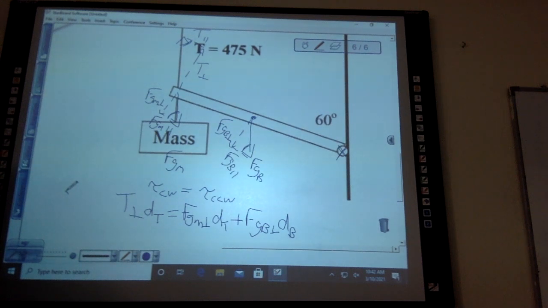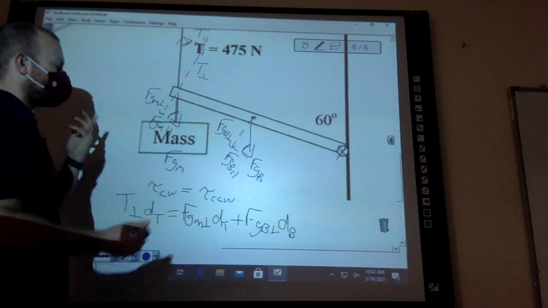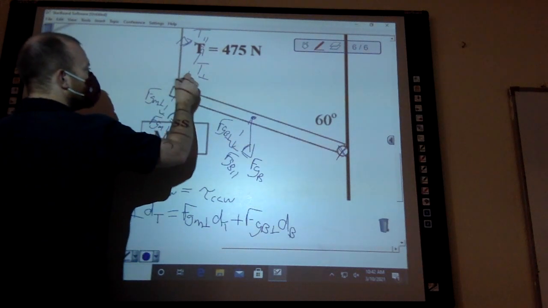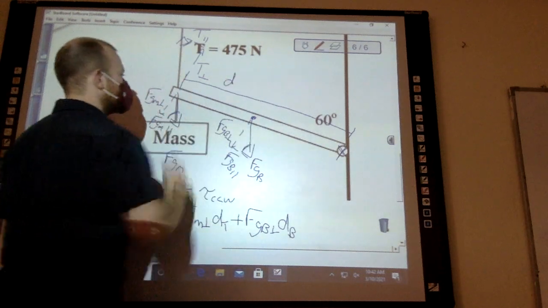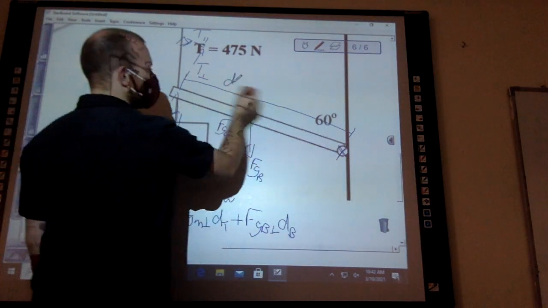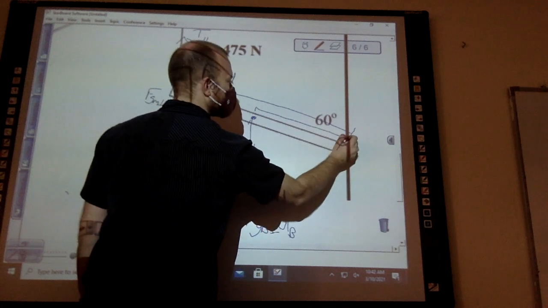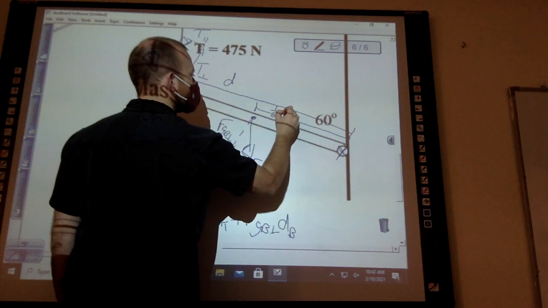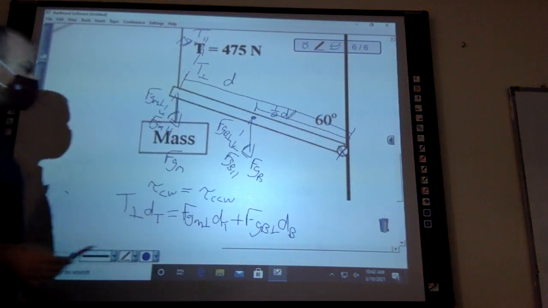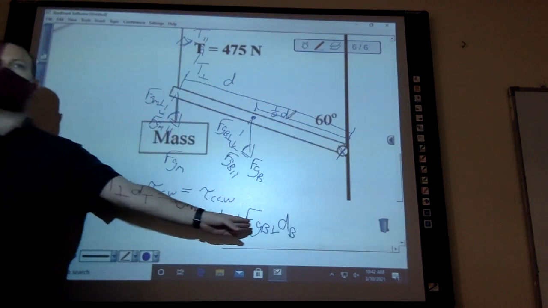Well, let's think about this. So if I don't have distance, let's call this D for distance. If that's D, what's this? Half of D. So when I plug all those in here, the D's will all cancel.